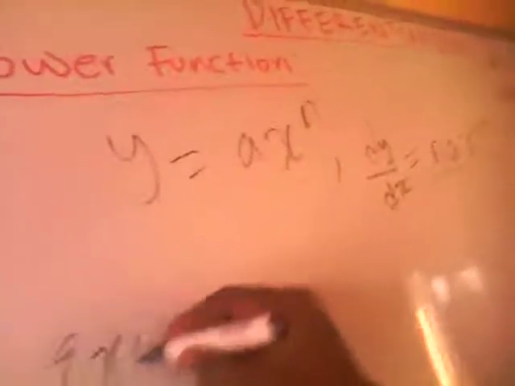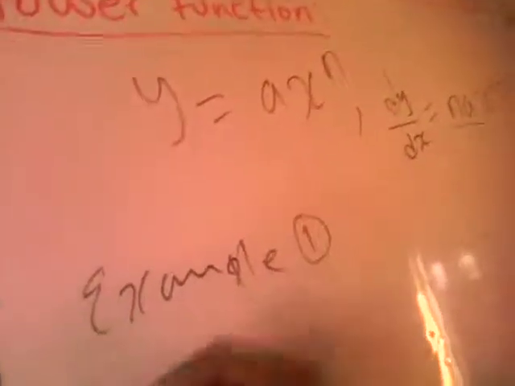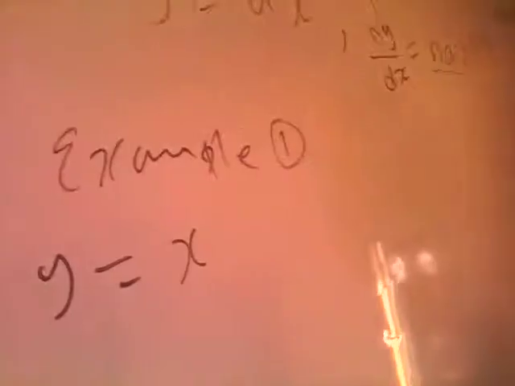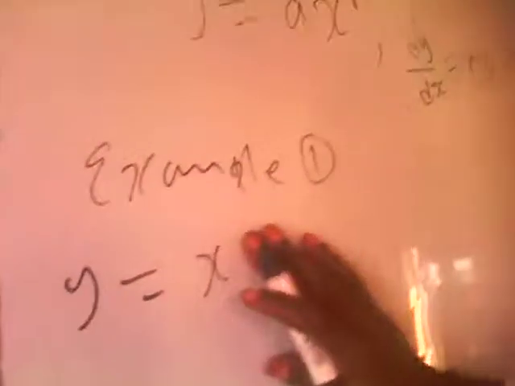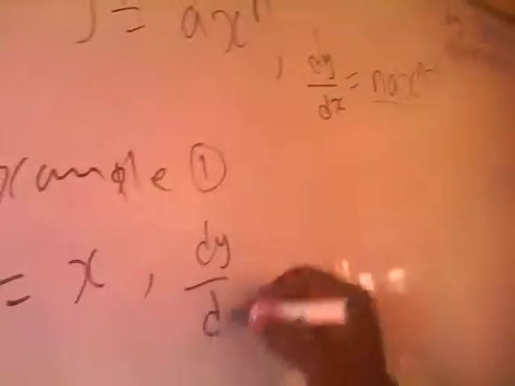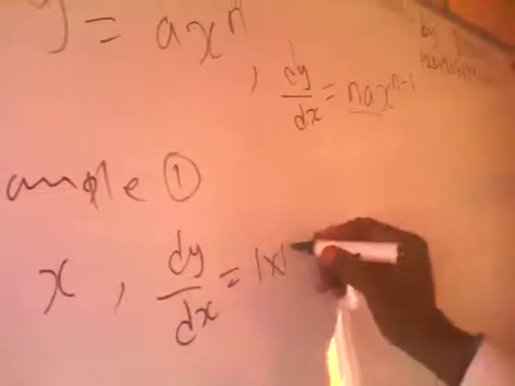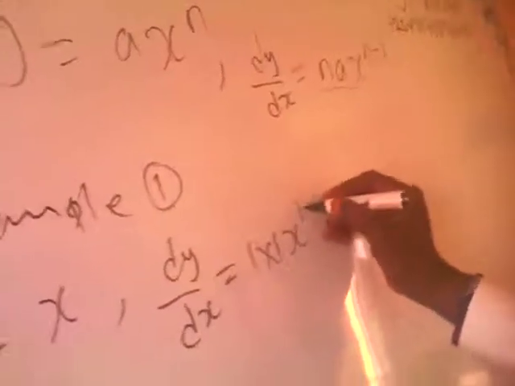For example, let's take example 1. Assuming we have y equals x. Now, it is obvious that the power of x here is 1 and the coefficient of x is 1. So dy/dx automatically will be the power, which is 1, times the coefficient, then times x raised to power 1 minus 1.